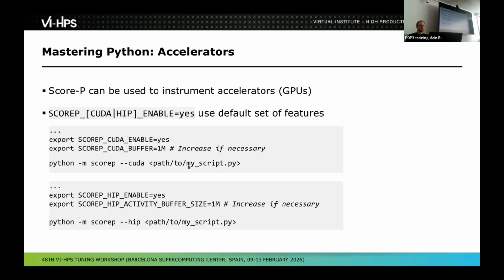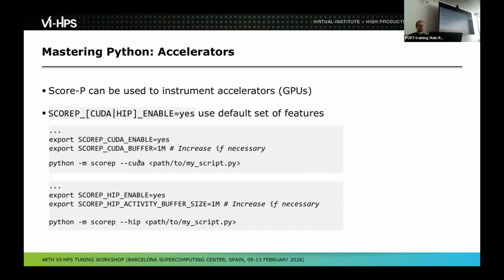As mentioned, in principle the CUDA and HIP instrumentation is the same as for the standard C, Fortran, etc. instrumentation. You set the environment variables, you mention the --CUDA and --hip options accordingly, and make sure that the buffer sizes are large enough, and increase them if necessary.